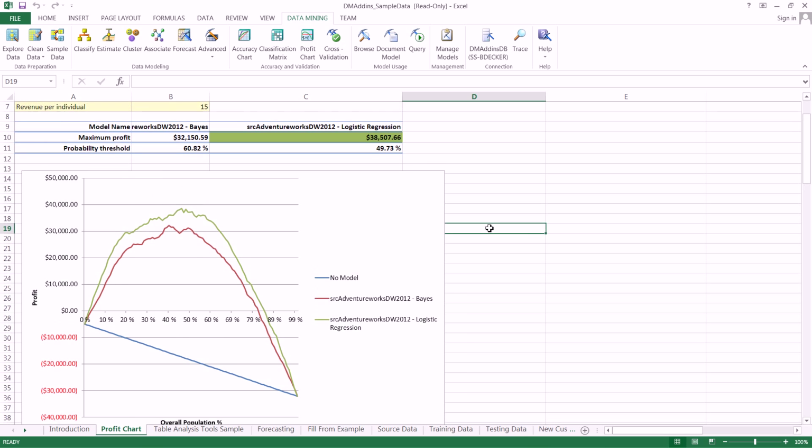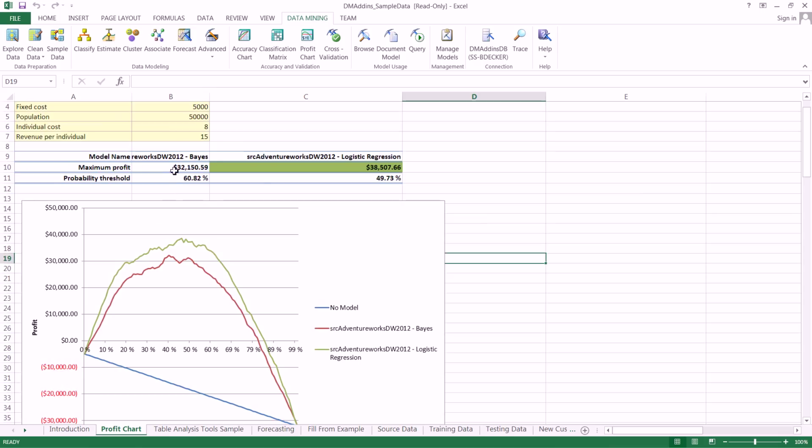Some of the other things they include here: they show you the actual maximum profit on the chart, and they also show you the probability threshold, which is what you should use according to each model in order to maximize your profit. For the Bayes model, they're telling you to use about 60%, so Bayes predicts 60.8% or above, and you contact all those people.